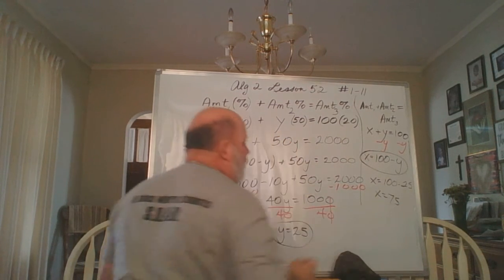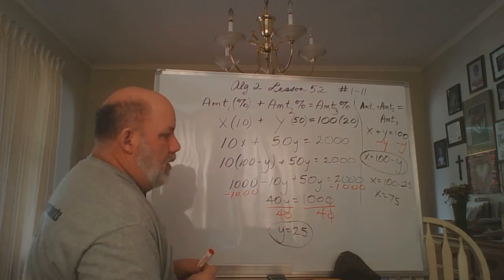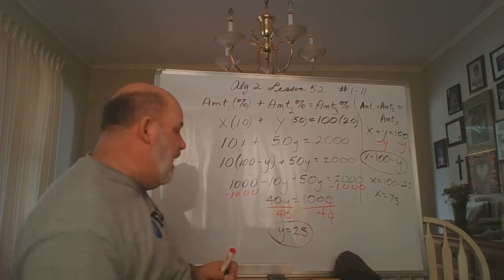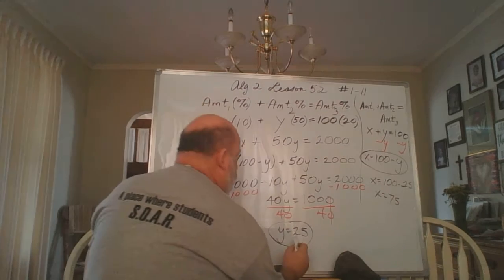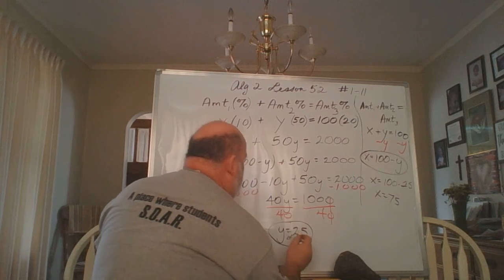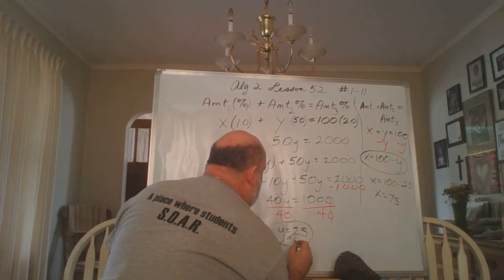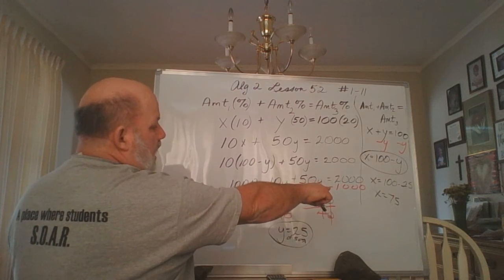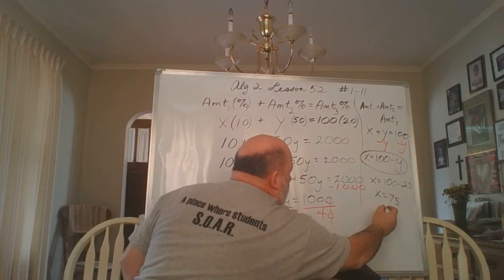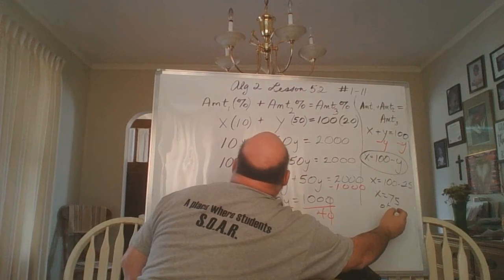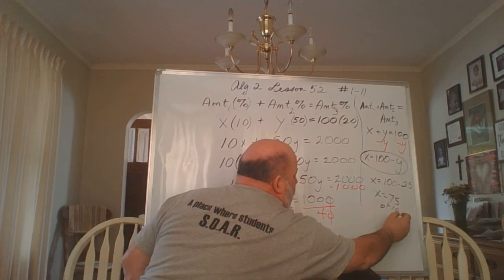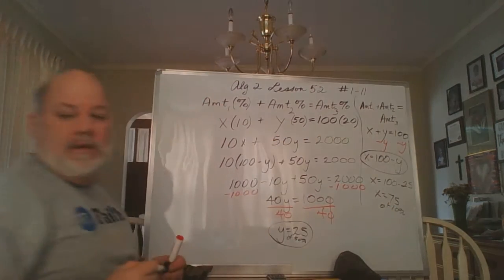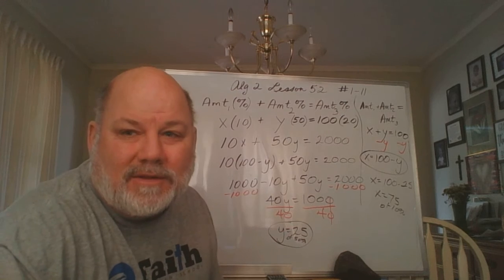X equals 75. Okay. In your homeworks, please label these. This was 25 of the 50% solution. And that's X is 75 of the 10% solution. Gonna pause.